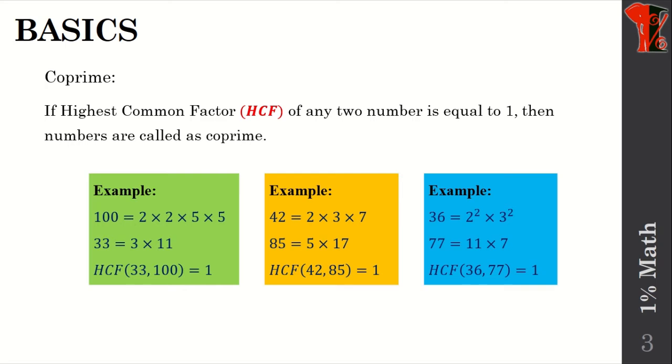So we can call 33 and 100 coprimes, and 42 and 85 coprimes, and 36 and 77 also coprimes. We can come to the final conclusion. What is that? If A and B are coprime, then their HCF is 1. It can be explained the other way. If the HCF of any two numbers is 1, then we can call them coprimes.